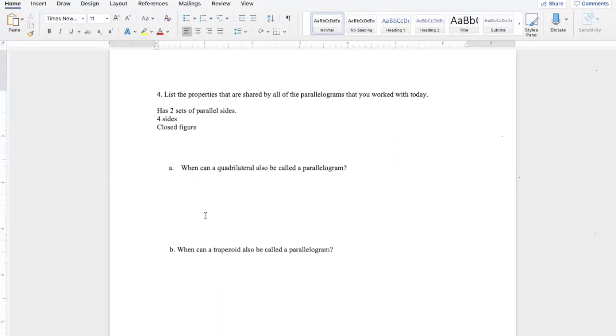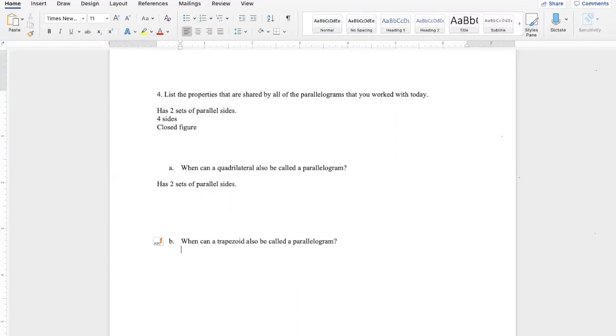Now, if we're moving down to A, it's going to say, when can a quadrilateral also be called a parallelogram? Well, this is what makes it a quadrilateral, these four sides, and it has to be a closed figure. So what makes it a parallelogram is it has to have those two sets of parallel sides. And then lastly, when can a trapezoid also be called a parallelogram?